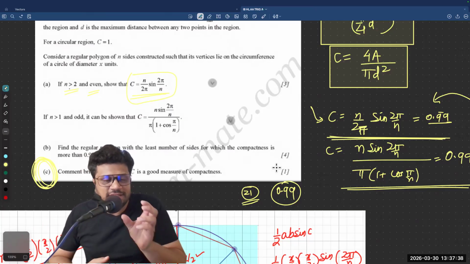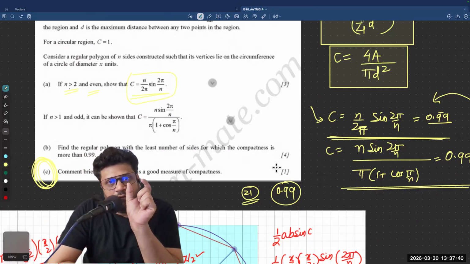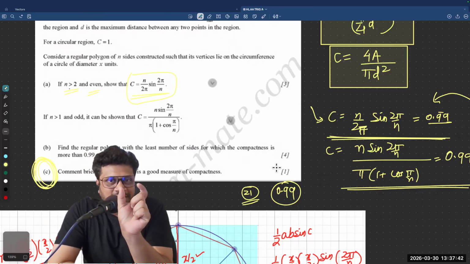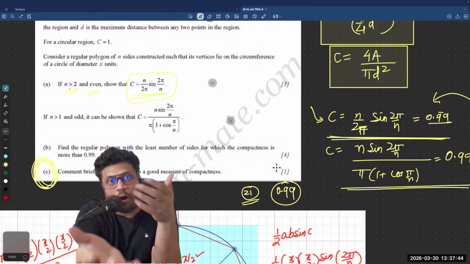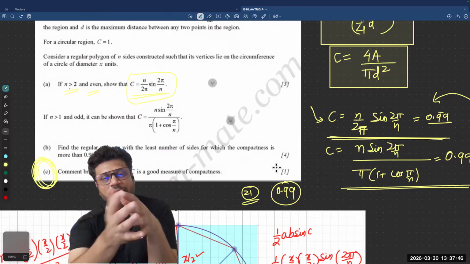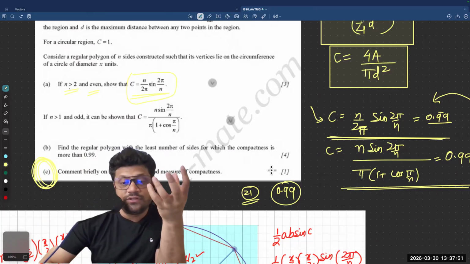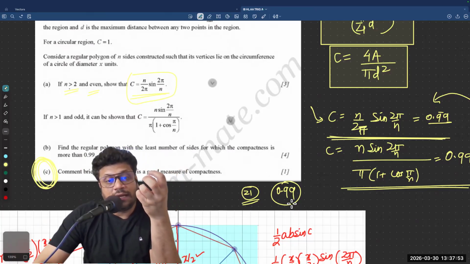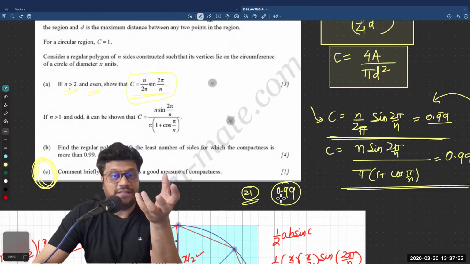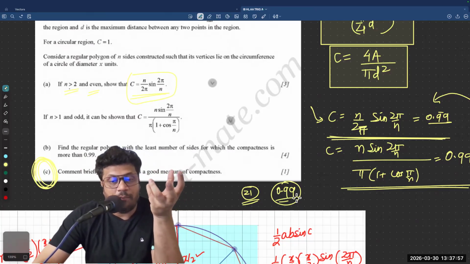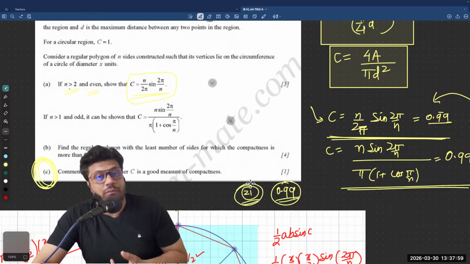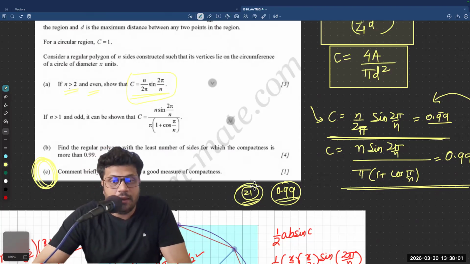So there's a very small range of values for compactness for any polygon which has greater than 21 sides. So there's no clear difference between compactness of polygons with more than 21 sides. Okay, and that is what you want to say here.